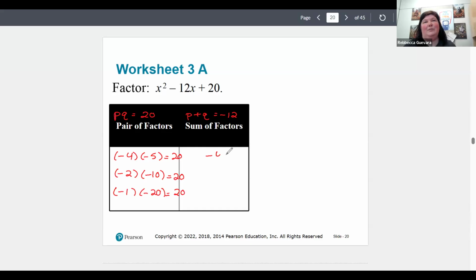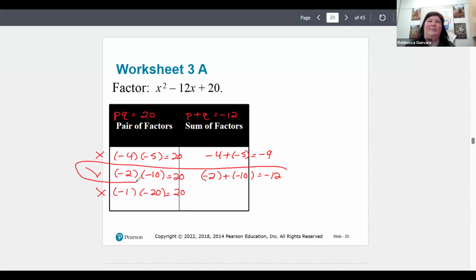The question is, when I add them together, what happens? We'll get a -9 here with -4 and -5. -2 plus -10 would give us a -12. Oh, I got what I needed right here. So I don't need to bother with the rest, because this should only happen one time.